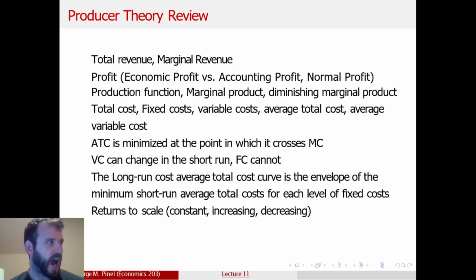High fixed cost, so it's really hard to enter that market. But once you've paid the fixed cost, the variable cost is very low. It doesn't matter if you produce for one person or for 1,000 people. Your costs are pretty much the same. So you want to produce for as many people as possible.